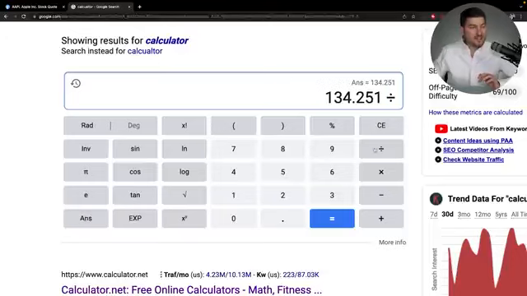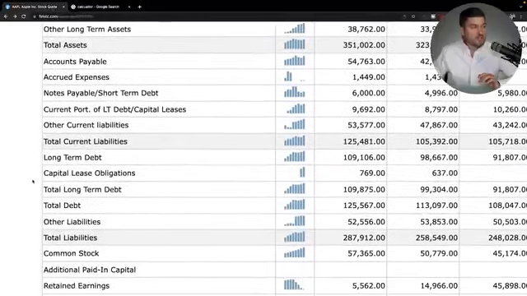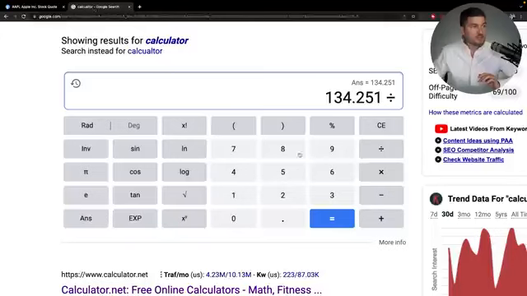And remember, we're going to divide this by our current liabilities, okay? That's what we're trying to solve for. So if we go to current liabilities, we already figured this out. It's 125.481. That equals 1.07.